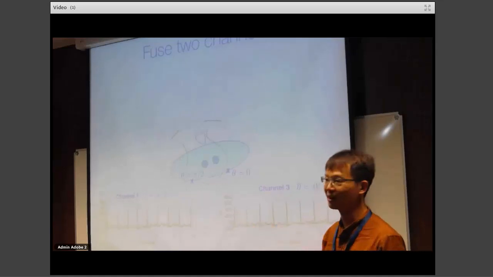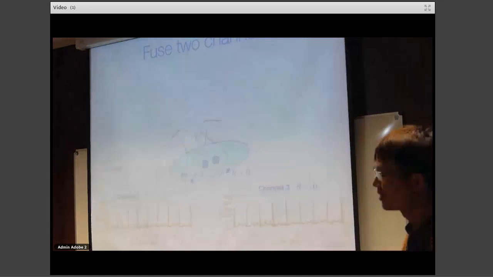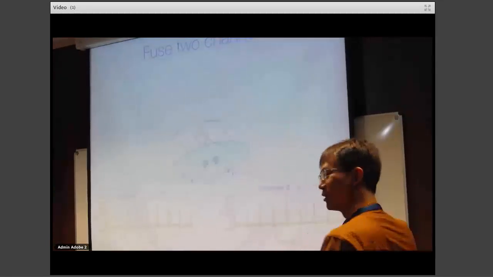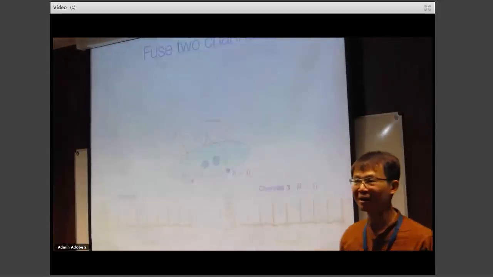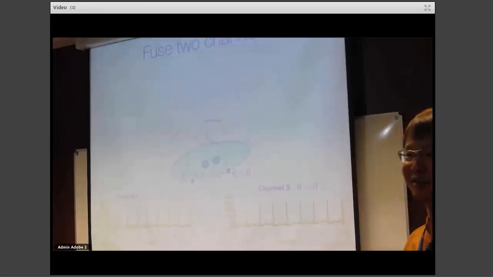I have tried this on cardiologists, and they saw nothing. I hope you believe me. There's really no fetal ECG. It's hard to tell anything. And if you run an algorithm, you just get garbage. It doesn't have anything.